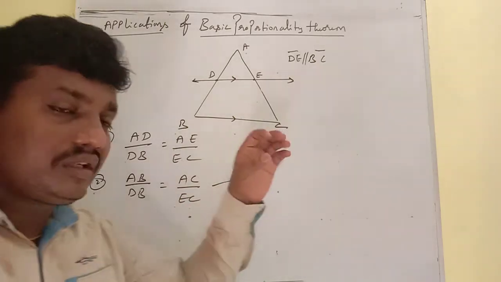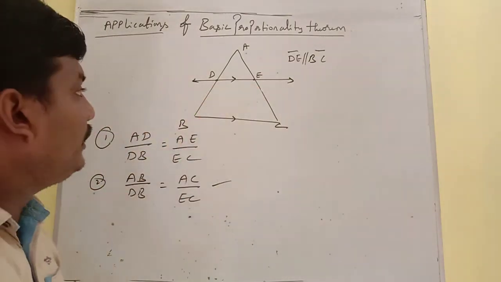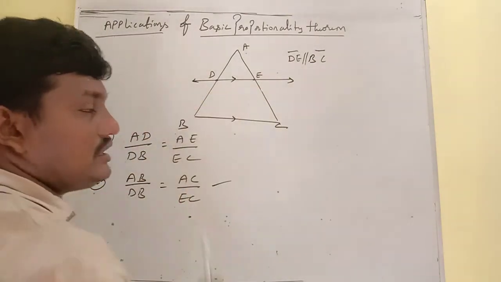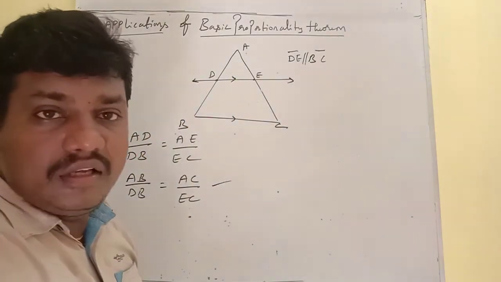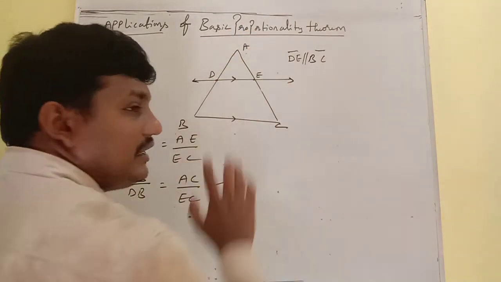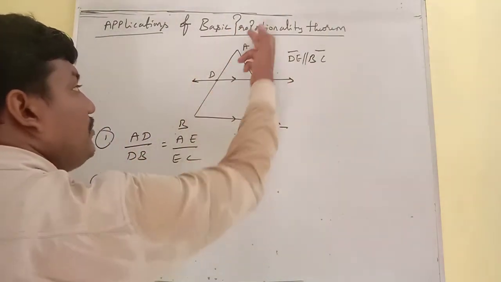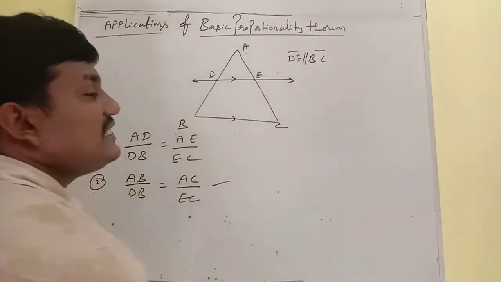What the basic proportionality theorem states: if a line is drawn parallel to one side, that line divides the other two sides in the same ratio. Same ratio means not only AD by DB is equal to AE by EC, but AB by DB is also equal to AC by EC.